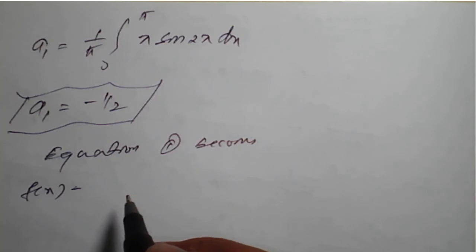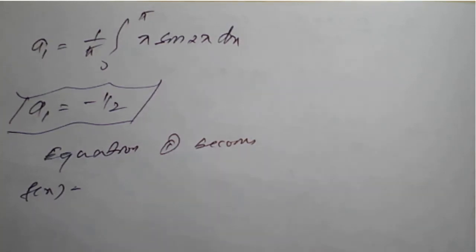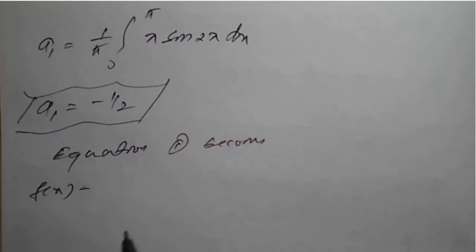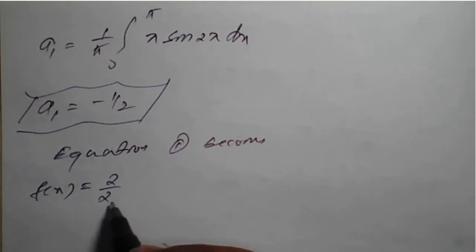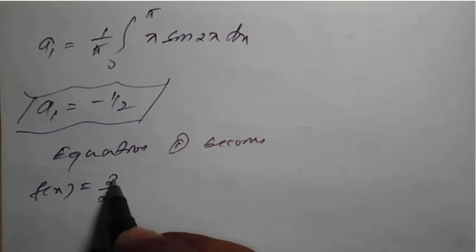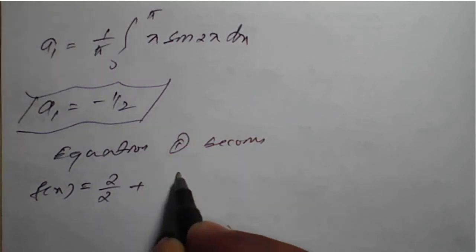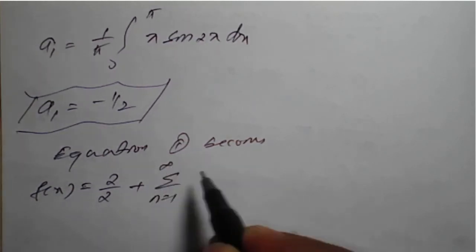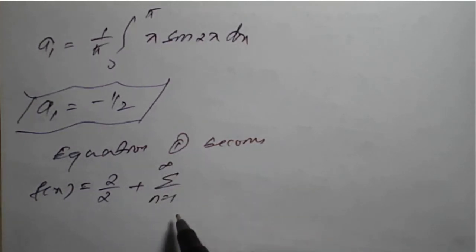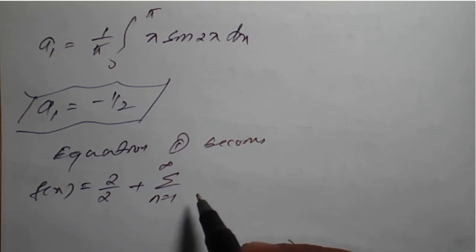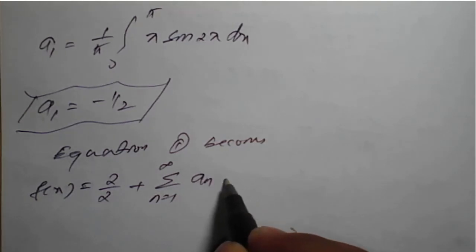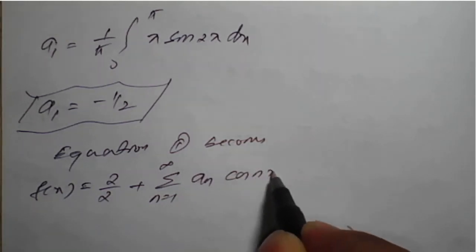We know that our a naught value is 2 upon 2, because a naught upon 2 means the a naught value is 2 upon 2, plus summation n from 1 to infinity. So here we need to write the a1 value first, then an into cos of nx.